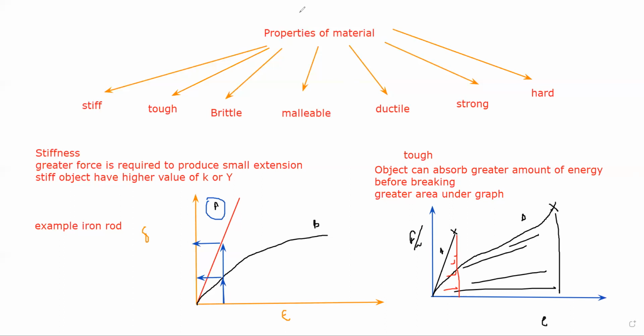An example of a tough material is car tires. Car tires are tough because considerable deformation can occur before they tear or break. So if an object can undergo greater deformation, any kind of deformation, elastic or plastic, before it tears or breaks, we call that a tough material.